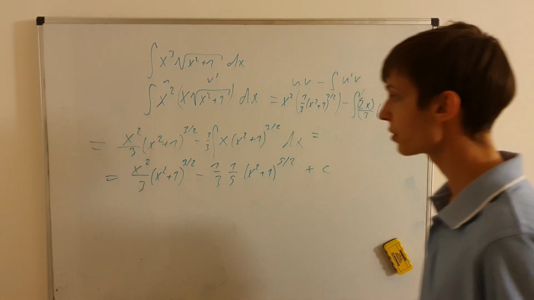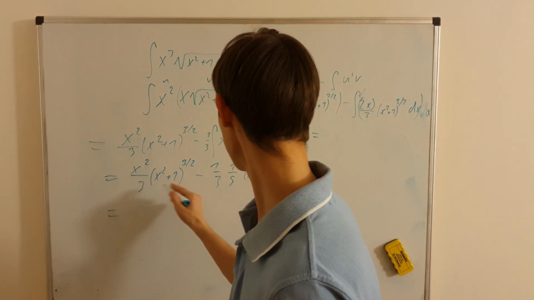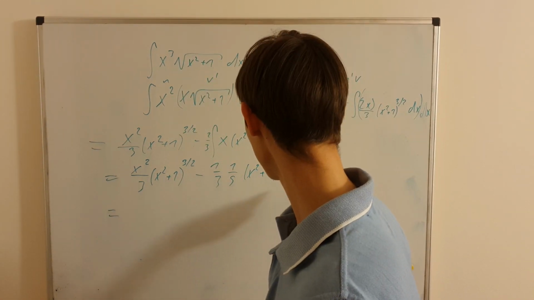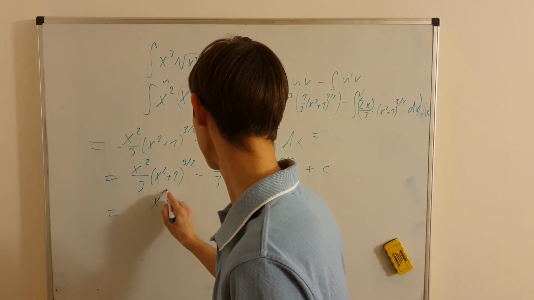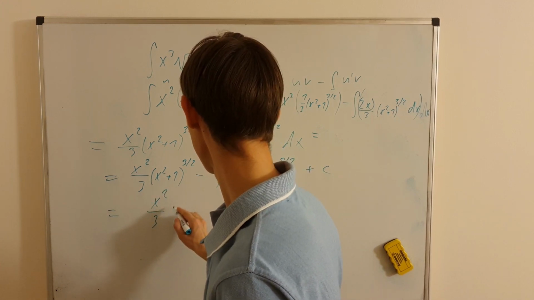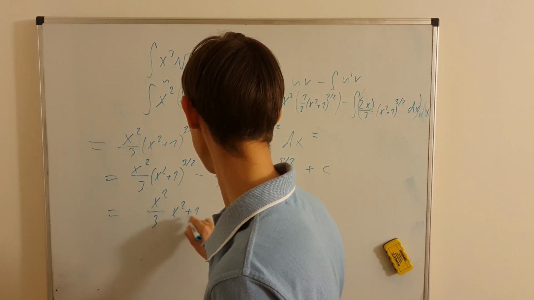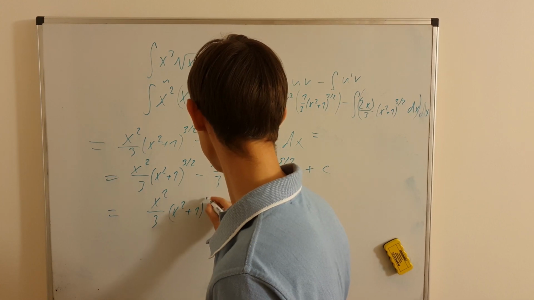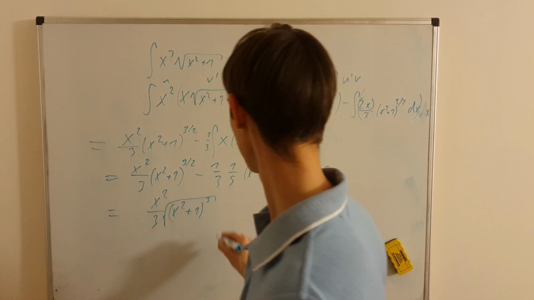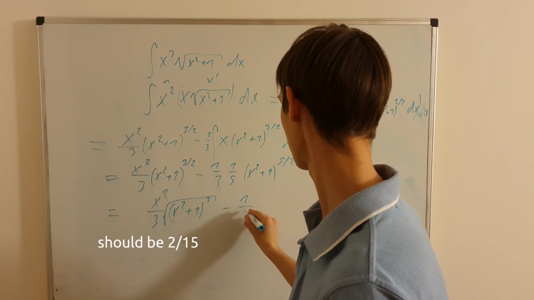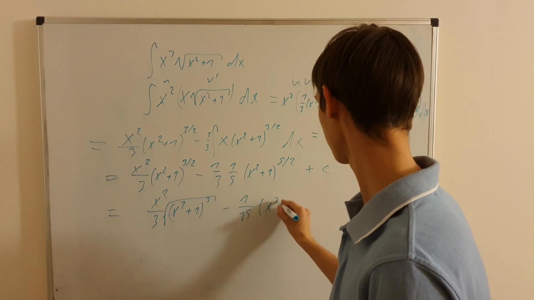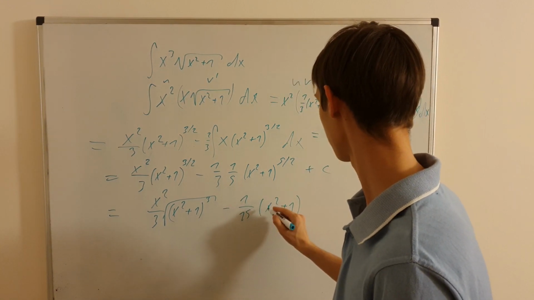So what I have here can be further simplified in some manner. What I can do is take back the square root notation and combine the fractions.